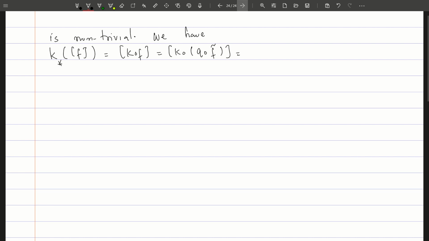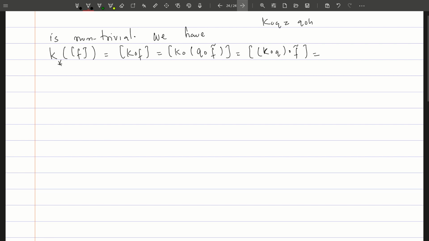So by associativity, this is the same as k composite q composite f tilde, but k composite q is the same as q composite h.